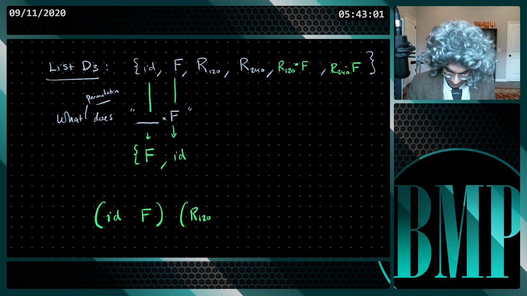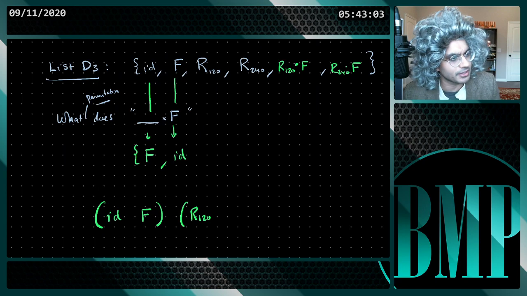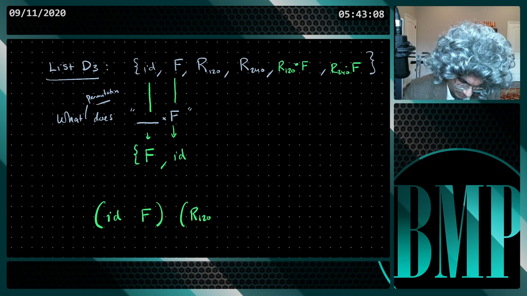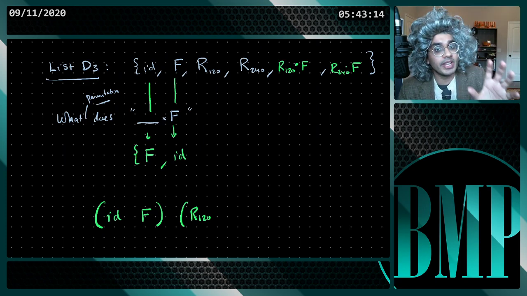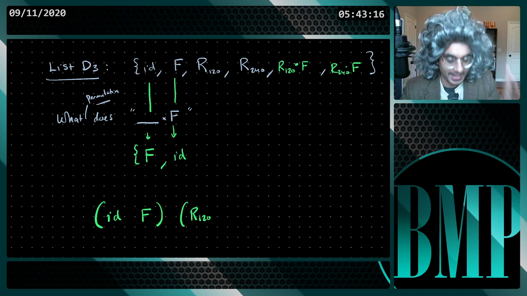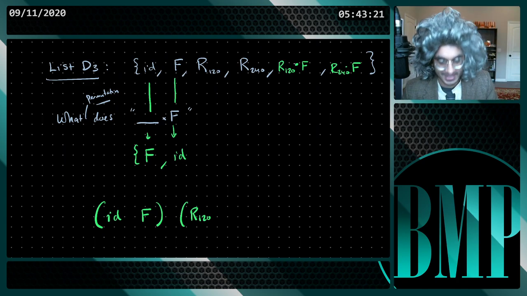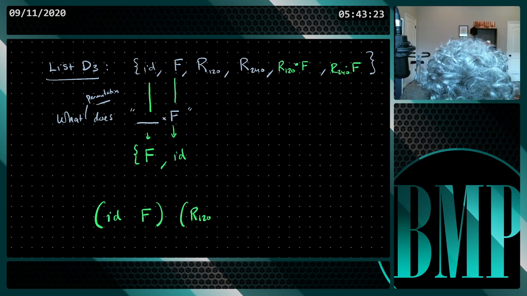Okay, wait, it's a product of 3 cycles. Hold on. Oh, it's a product of 3 2-cycles. Oh, I get it. Yeah. 100%. I agree. There you go.